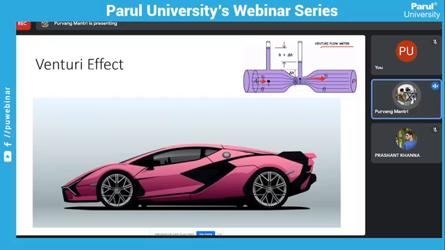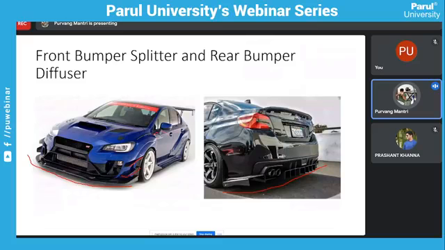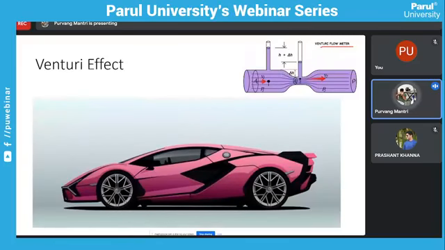Because there is high velocity in the throat region, we can see the pressure drop, which shows the low pressure region in the throat. So we try to generate this sort of venturi effect beneath the car, with the front bumper splitter and rear bumper diffusers, which are mounted here and here in the vehicle.